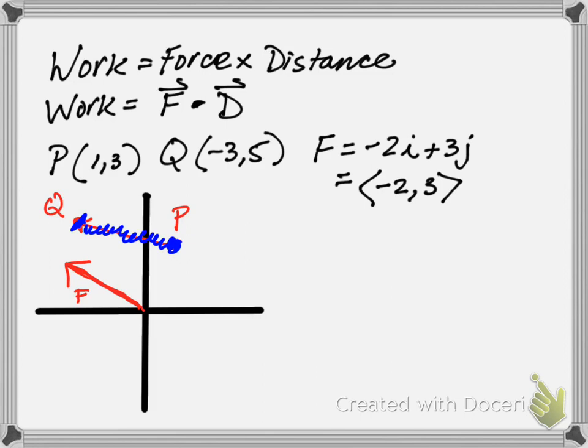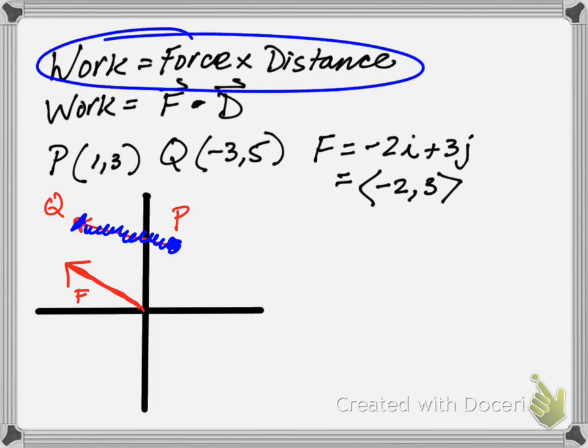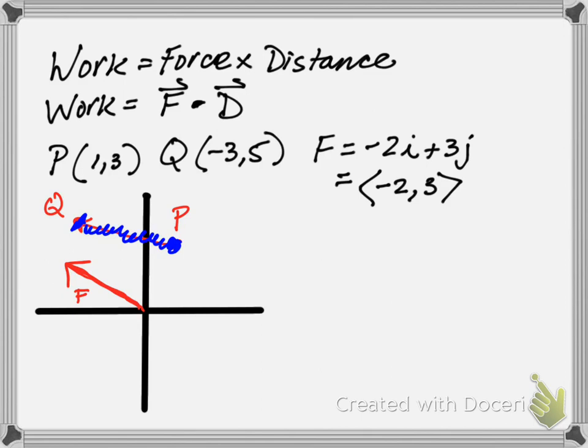Well, if I think about work as force times distance here, that's going to be quite an involved problem. And hopefully you could understand that it would involve a projection. And again, if you're watching this video, you know about dot products, and I'm thinking you might also know about projection.